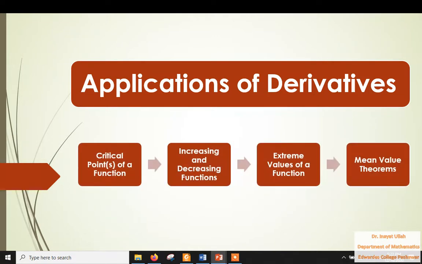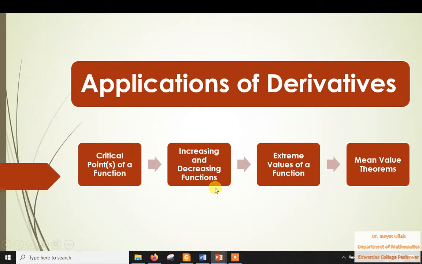So in this lecture, first of all we'll be concentrating on critical points of a function, and secondly we'll study increasing and decreasing functions, and then we'll learn the idea of extreme values of a function, and lastly we'll study mean value theorems.